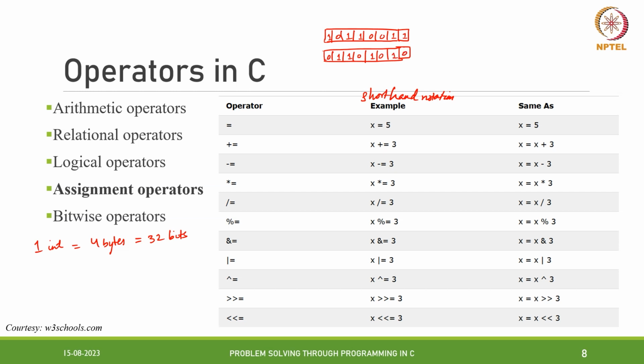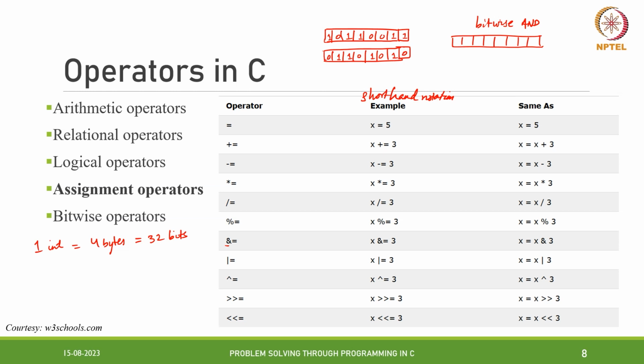Now I am doing a bitwise operation of this with this. Let me do a bitwise AND operation. So what will be the answer? Let me draw another box with 8 parts. Now I'll do the operation on each of these bits.